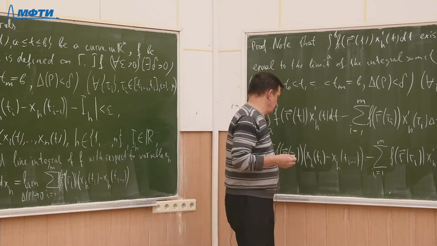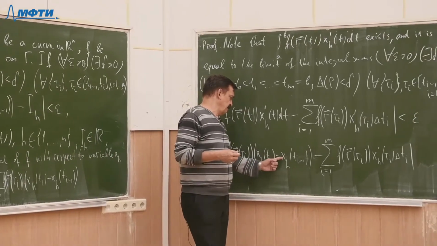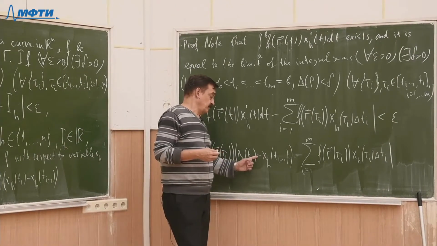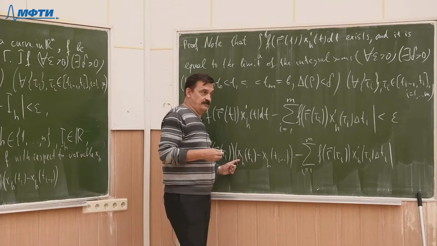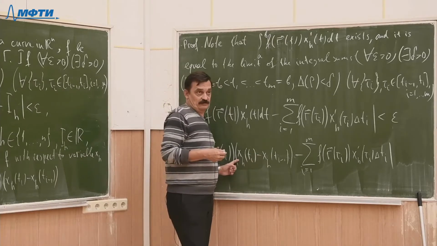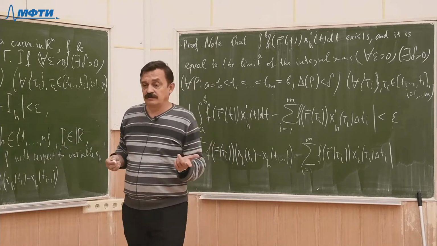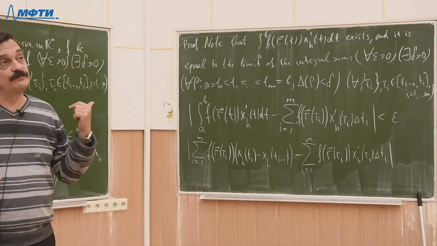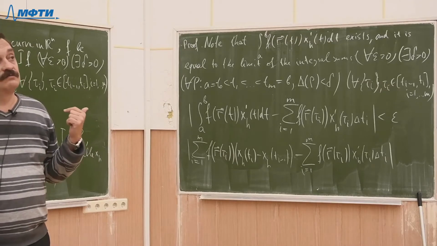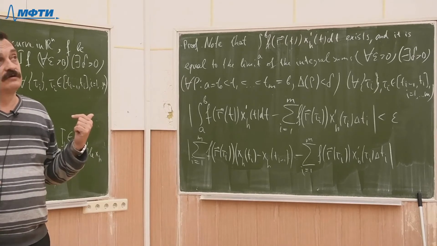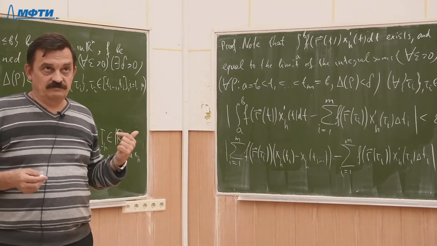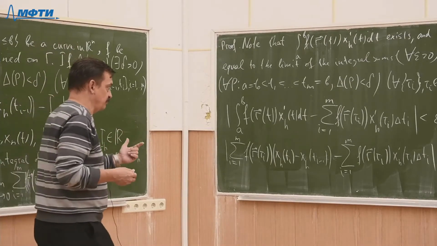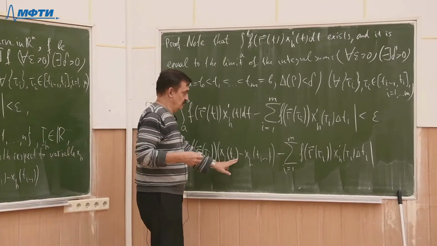Why? Because once again we apply a mean value theorem, but now the Lagrange mean value theorem. For the integral along a curve, we used the mean value theorem for integrals. Now we apply the mean value theorem for a function.